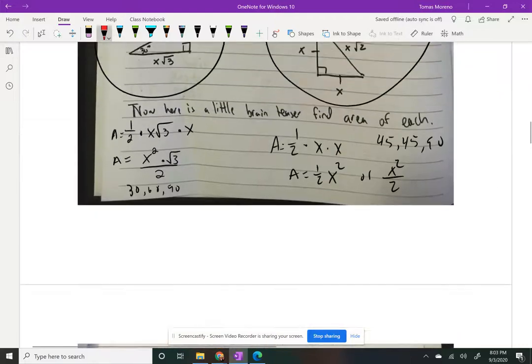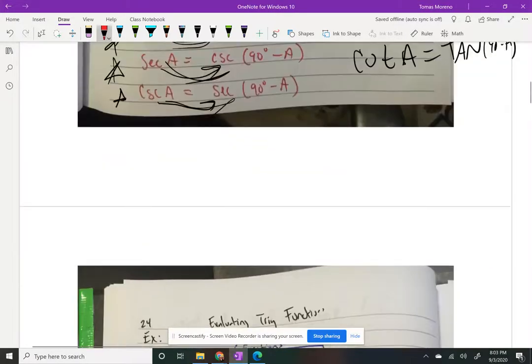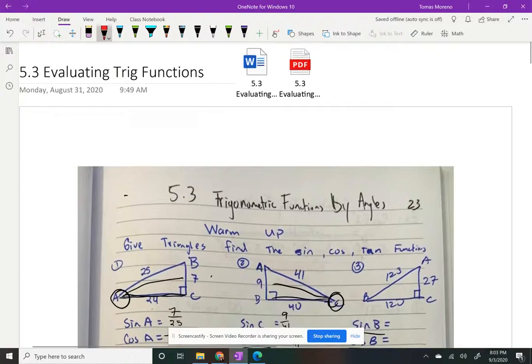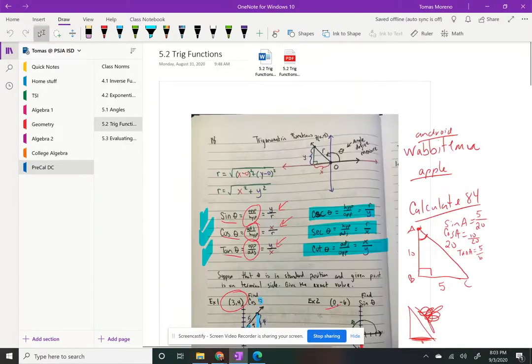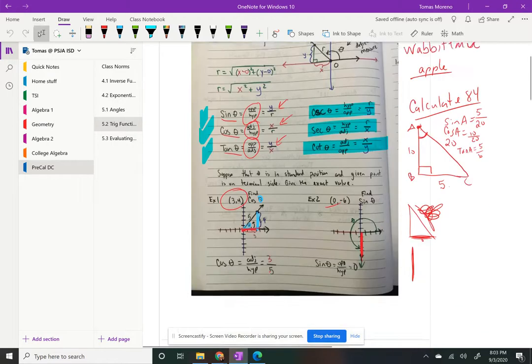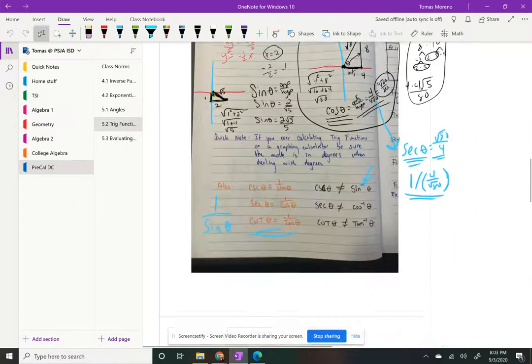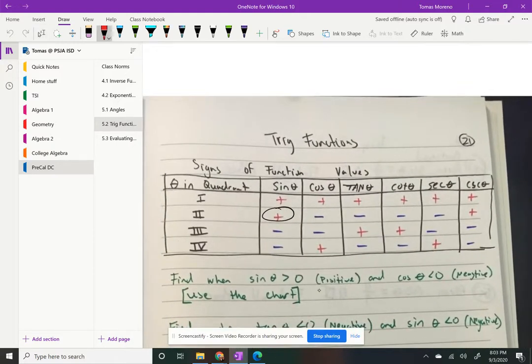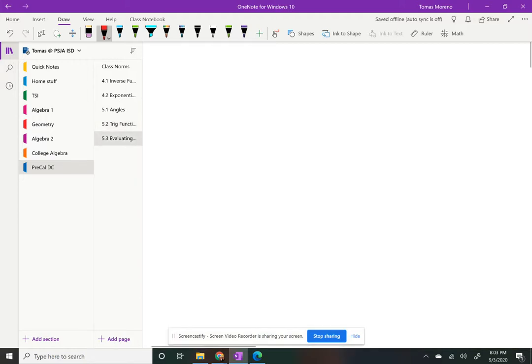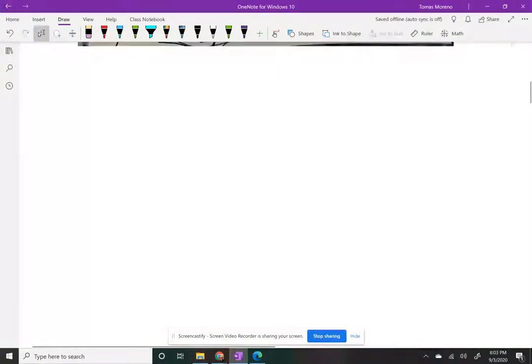But remember last class notes, when we're talking about the quadrants and we're looking for sine of 210 in quadrant 3, it has to be negative. Check that out. It's all coming together.